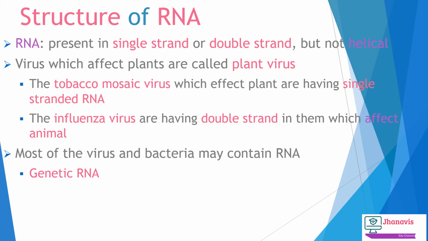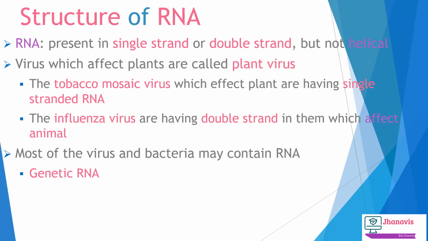But for example, if we consider human beings, most of us know that RNA exists in three forms: messenger RNA, rRNA, and tRNA. All these help during the process of transcription and translation. We will explain transcription and translation later.